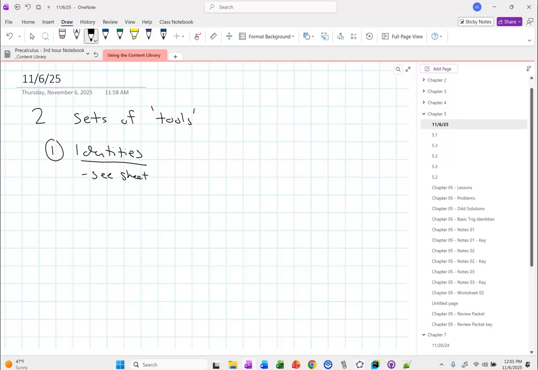So you can use the sheet that I've just passed to you. We'll talk about how to use these in a moment and what they're doing. And the other set of tools are going to be algebra. So things that you might want to do.